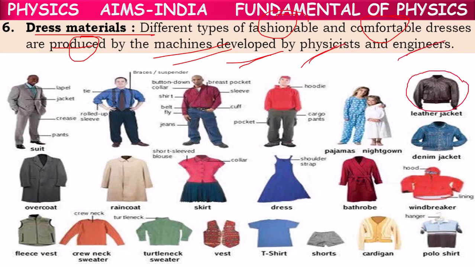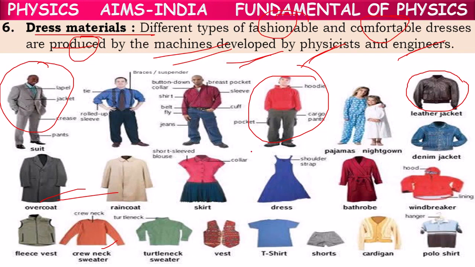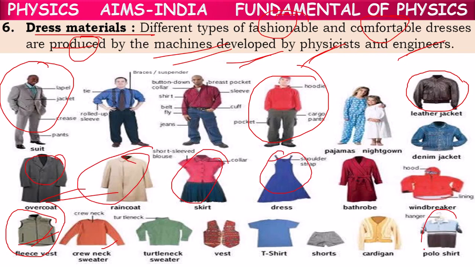So leather jacket in winter, or during rainy season, raincoats, or during summer season, formal cotton shirts for attending meetings, suit for casual wear, t-shirts, or sleeveless jackets, overcoats, raincoats, skirt, normal dress, polo shirt, nightgowns, shorts, like this.